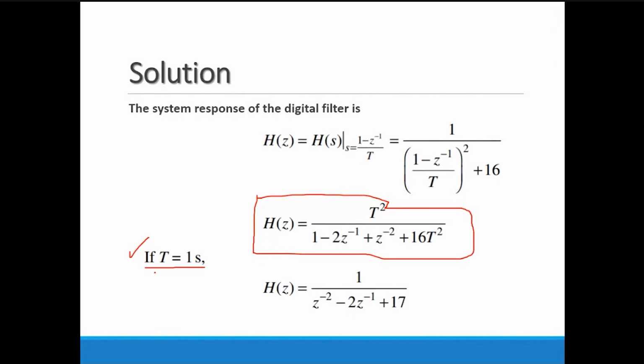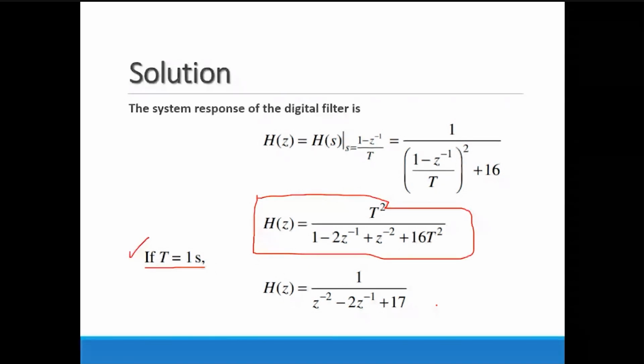So if T is equal to 1 second, then you apply the value of T over here. Your equation for the digital filter will be H(z) is equal to 1 upon (17 minus 2z inverse plus z inverse square). So this will be the digital filter for the given analog filter using approximate derivative method or using the mapping function s is equal to (1 minus z inverse) divided by T.